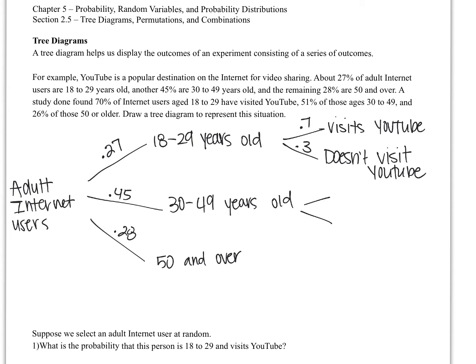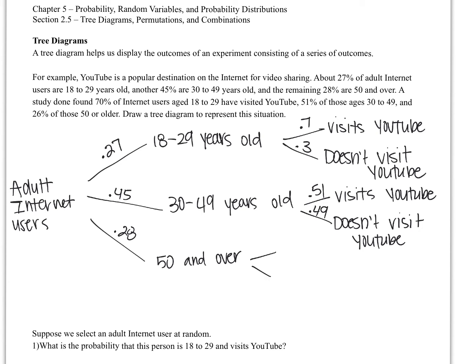So then for our 30 to 49-year-olds, we have visits YouTube, doesn't visit YouTube. And then we know 51% have visited, which means 49% haven't.